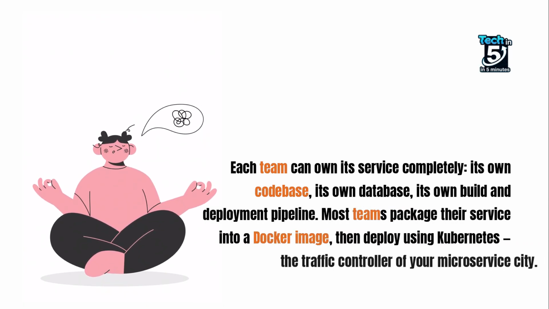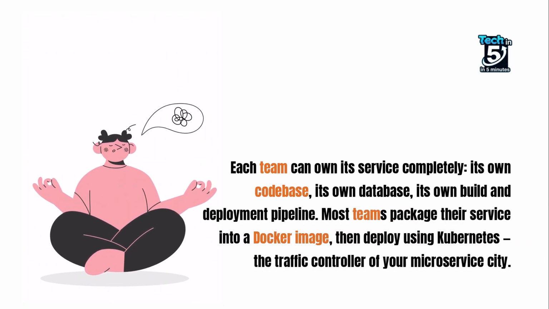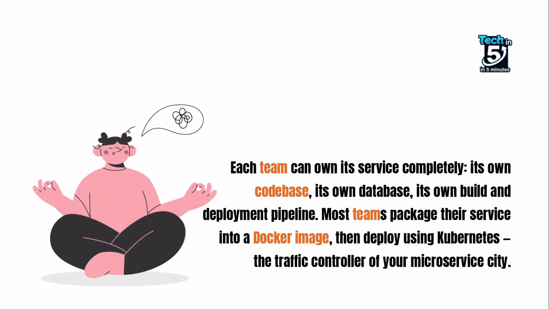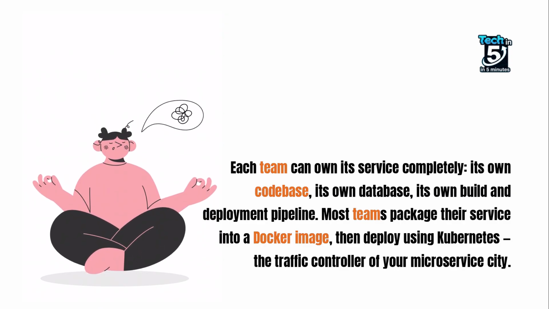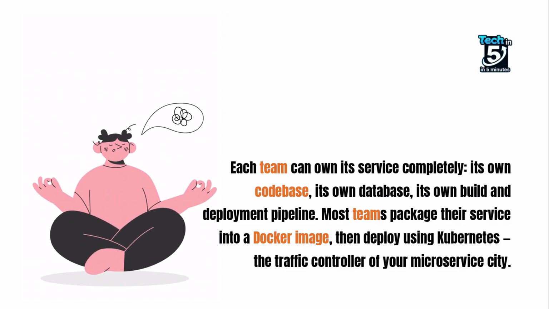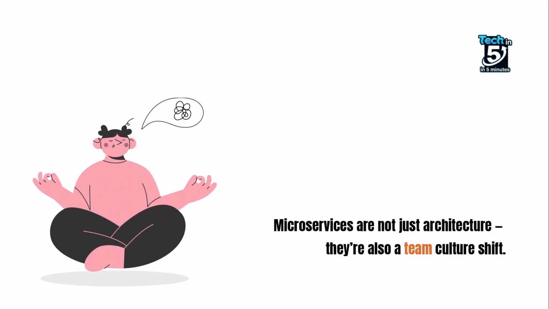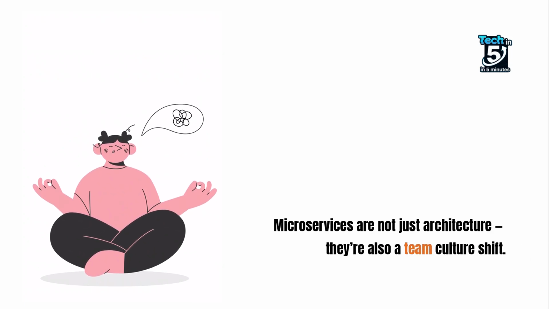Its own codebase, its own database, its own build and deployment pipeline. Most teams package their service into a Docker image, then deploy using Kubernetes, the traffic controller of your microservice city. Microservices are not just architecture, they're also a team culture shift.